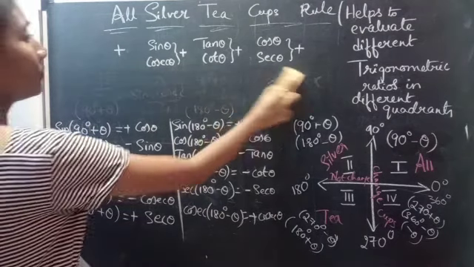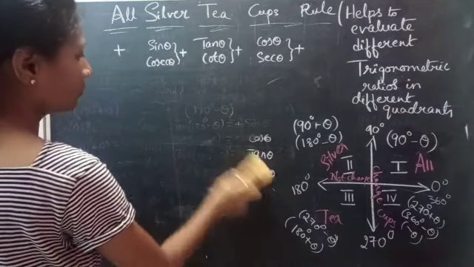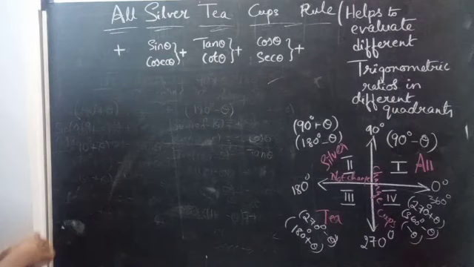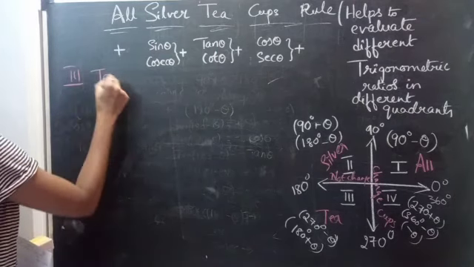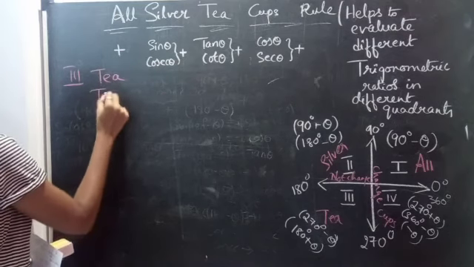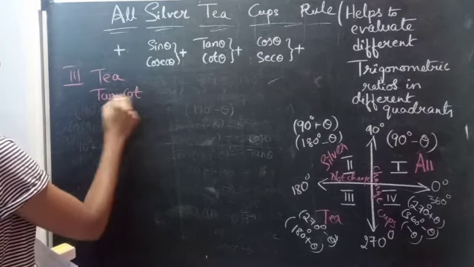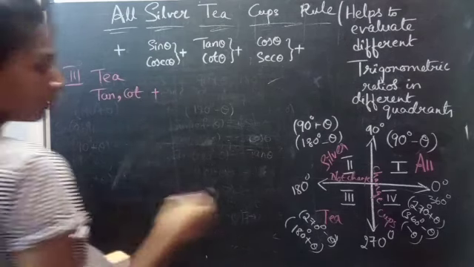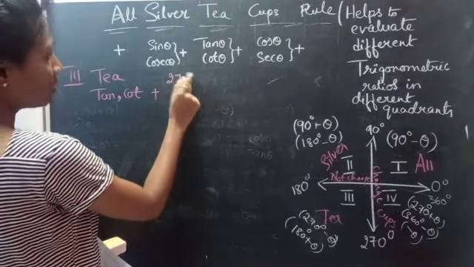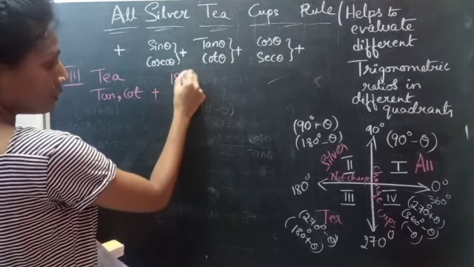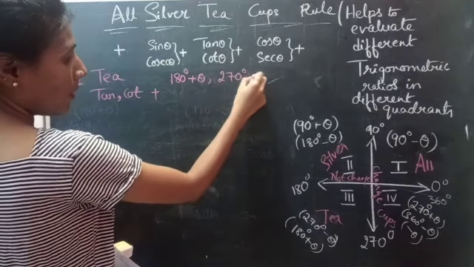Third quadrant. In the third quadrant, T stands for tan and the reciprocal of tan is cot. Both are positive. Next, you'll be having angles 180 degrees plus theta and 270 degrees minus theta.